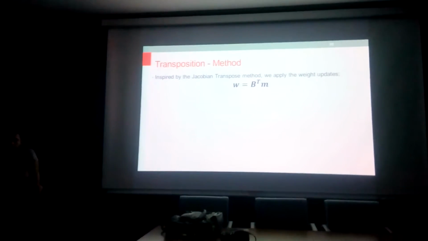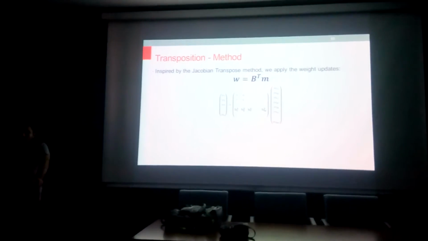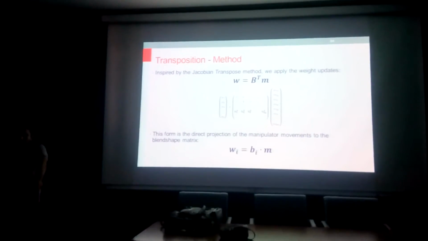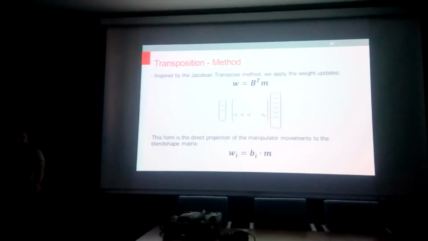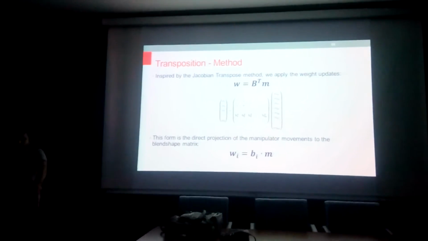And if I apply the same principle to update the blend shape weights, my matrix equation shrinks into this form. Intuitively, this form is the direct projection of the pin movements onto the blend shape matrix, and it makes perfect sense.